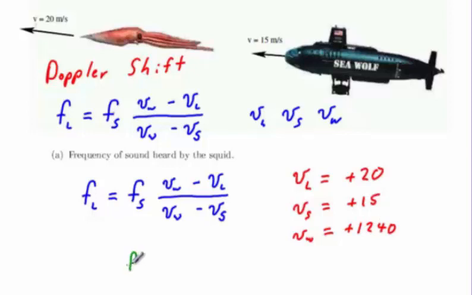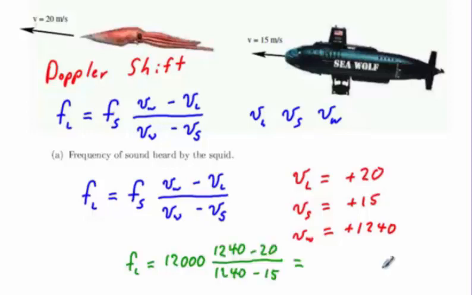Plugging in all three of these velocities, we'll be able to solve for the frequency of the listener using an original frequency of 12,000 hertz coming from the submarine. The result of this calculation yields a frequency of 11,951 hertz. Exactly as we would expect, since the squid is receding from the submarine.